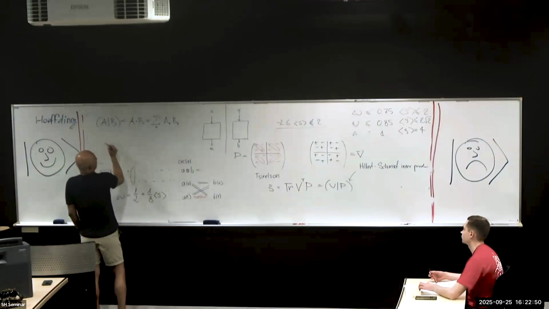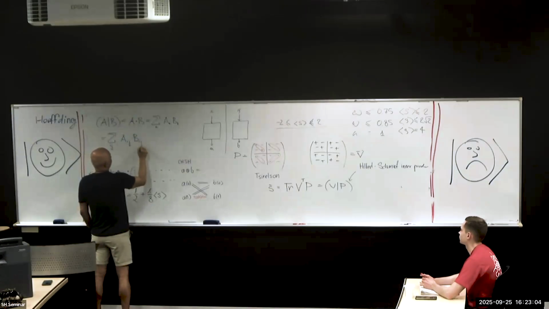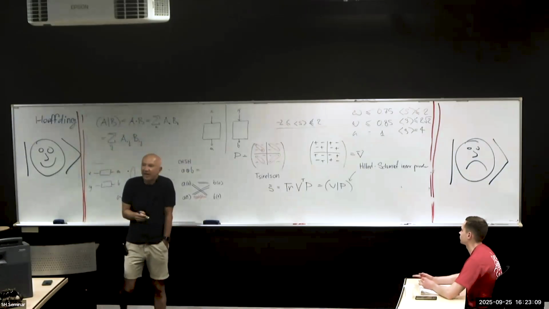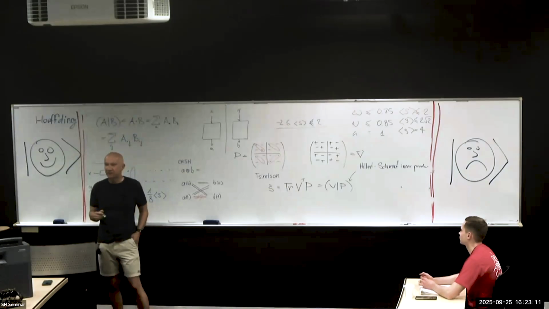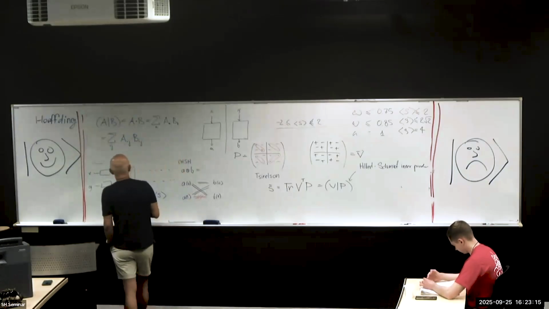It's still the same thing. If K is a pair ij, it's a sum over ij of A_ij B_ij. Instead of K, I just have a pair of numbers ij, and I sum over everything. So that's the scalar product.